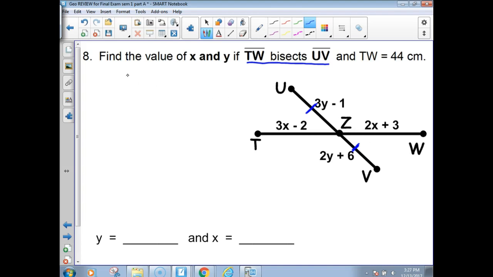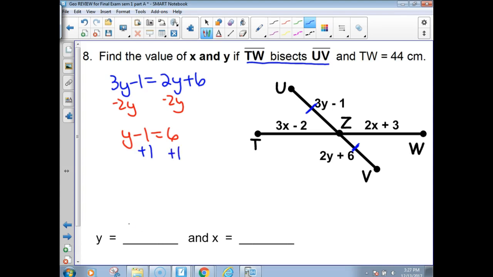So to find y, we would do 3y minus 1 equals 2y plus 6. Solve that. Let's get your y's on one side. y minus 1 is 6. Add 1 and you'll be done with that one. You get y is 7. Now, what we do with the other part is right here. To find x, we pay attention to the fact that it says TW is 44.